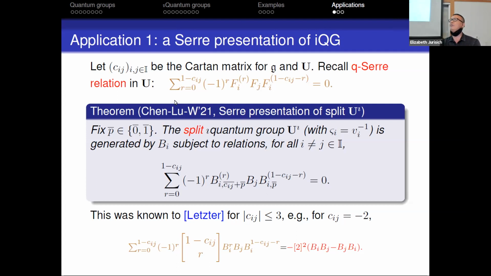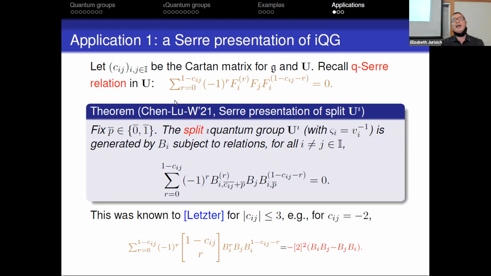And the answer is given by what's written on the right-hand side. And I'm saying it is because our i-divided power is not a monomial in B, and they absorb the right-hand side term into the left. In such a way, the right-hand side disappears.